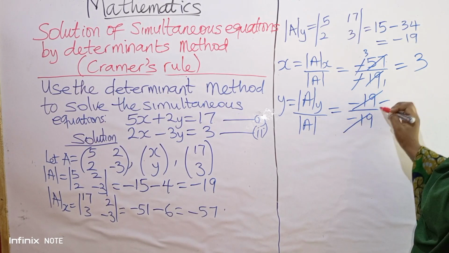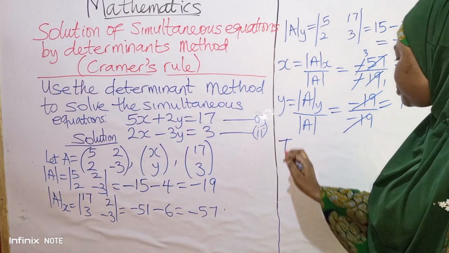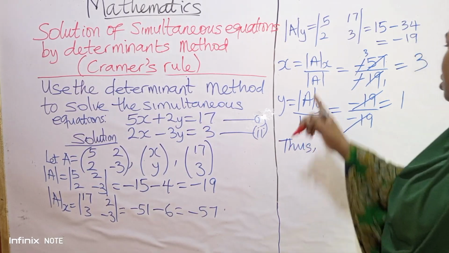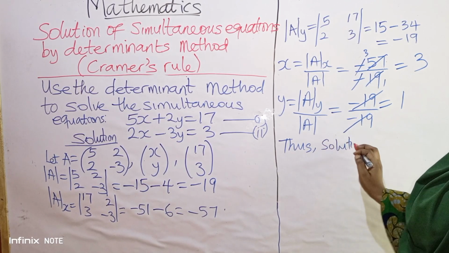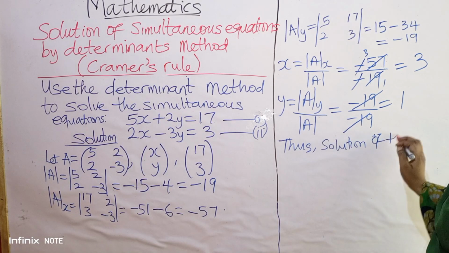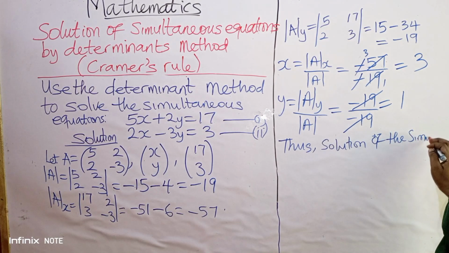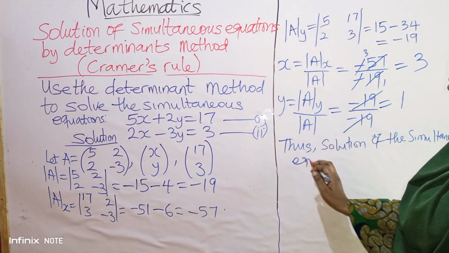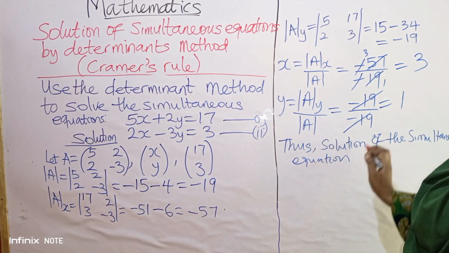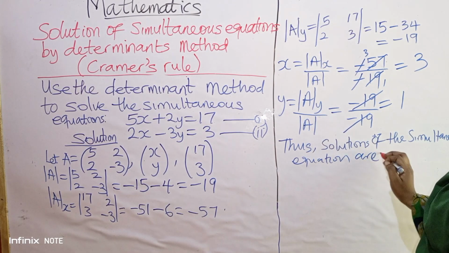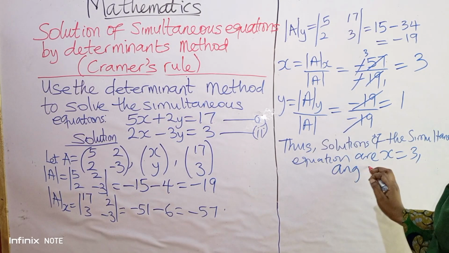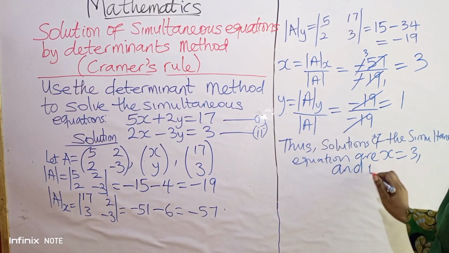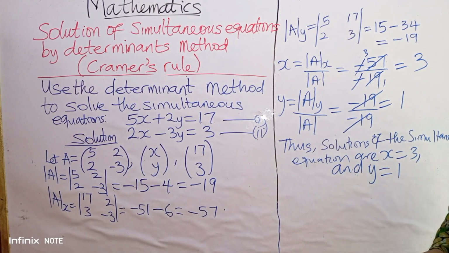So they cancel each other, giving 1. Thus, the solutions of the simultaneous equations are x equals 3 and y equals 1. Can you see? Very simple.